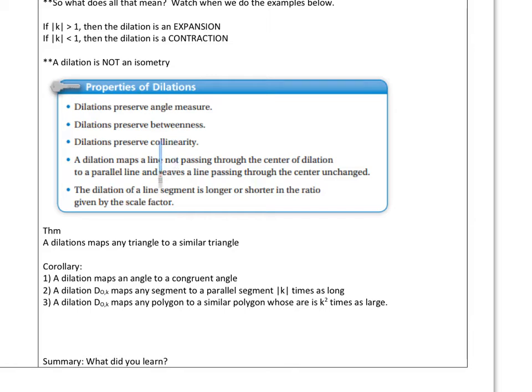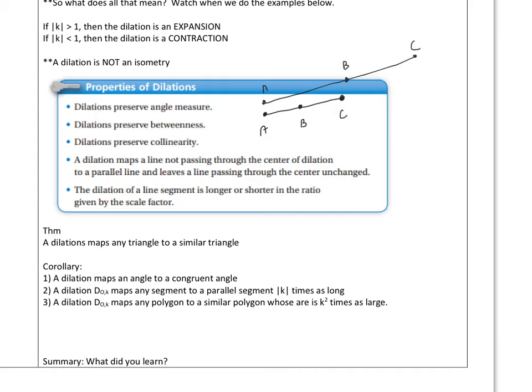If I've got point A, point B, and point C on a line, and I know that point B is between them, even if I enlarge this line and make it bigger, point B will still remain between A and C. And dilations preserve collinearity, so things will remain collinear.